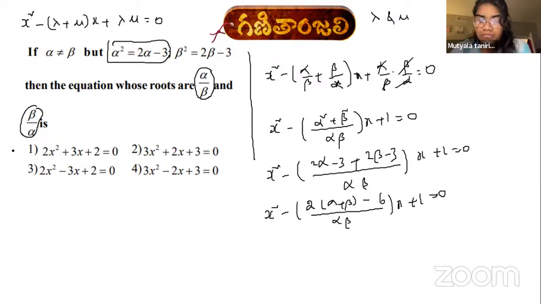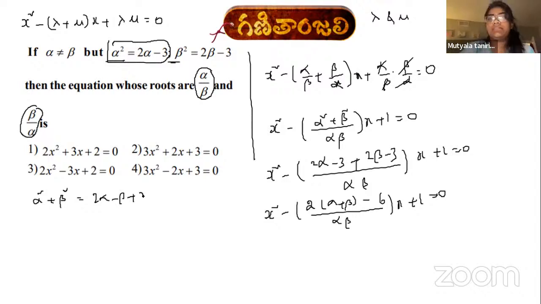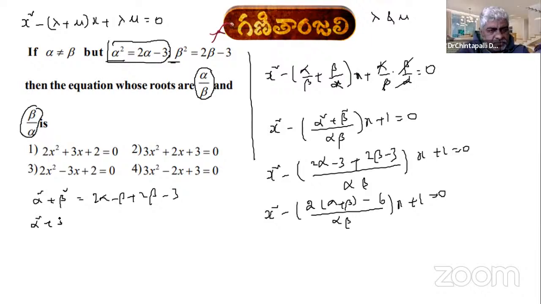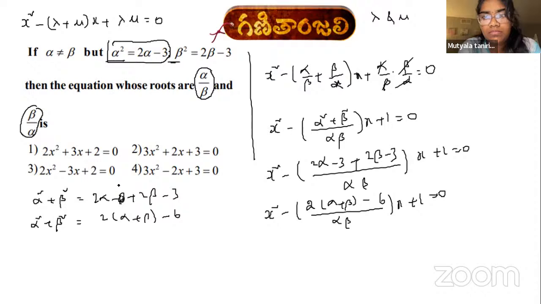Let us do a calculation here. Alpha square beta square is there. Just let us do this experiment. What is alpha square plus beta square? 2 alpha minus 3 plus 2 beta minus 3. Alpha square plus beta square is 2 times of alpha plus beta minus 6, agree?